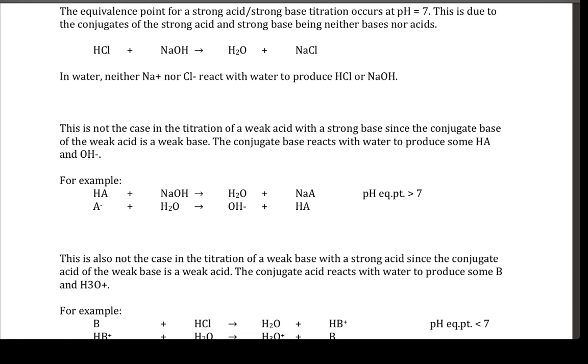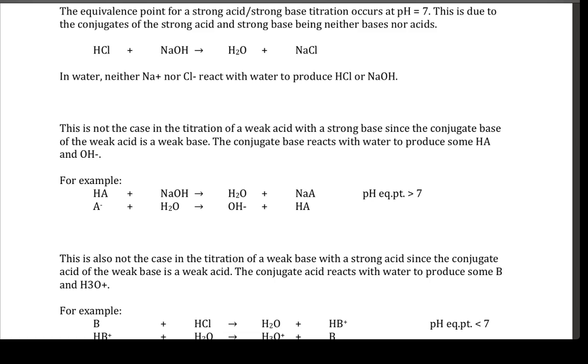In our case, we had Na+ and Cl- as the conjugates of NaOH and HCl. Those are just spectator ions. They don't interact with water. They don't go back to produce any HCl or any NaOH.